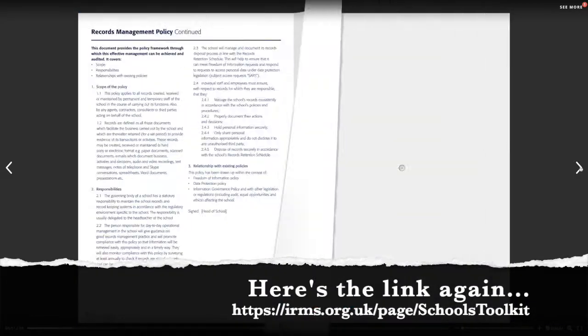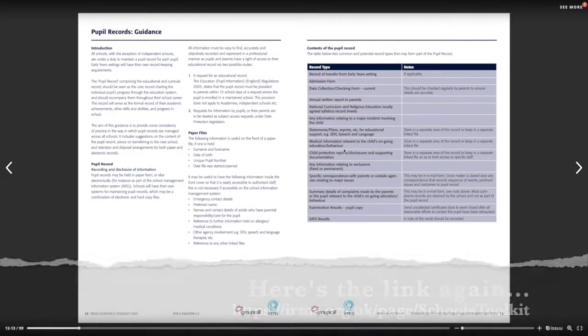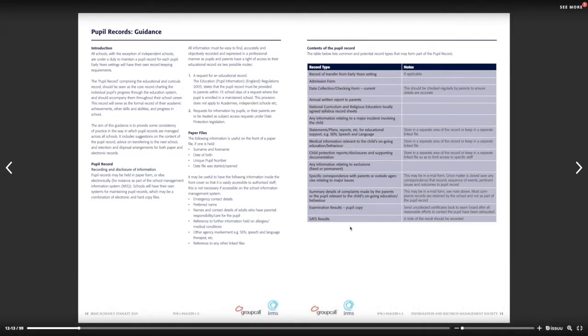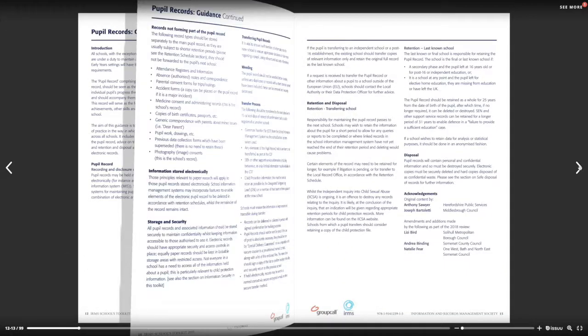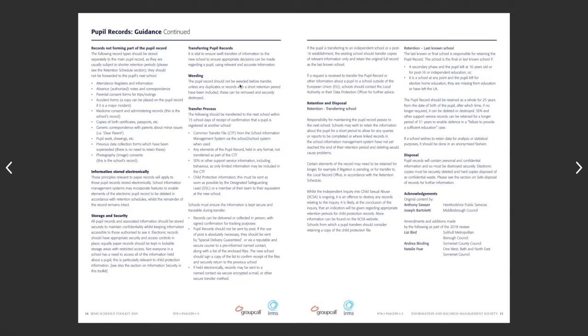So flicking along to page 12 then, this is what talks about a pupil record. And this is what a pupil record should contain. And here's our special educational needs references and child protection references. And if I click onto the next page, it talks about transferring pupil files. Okay, so a couple of things to be aware of.